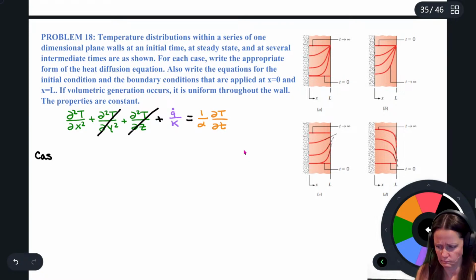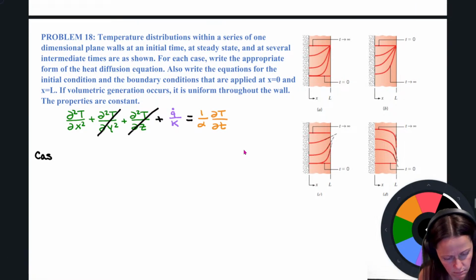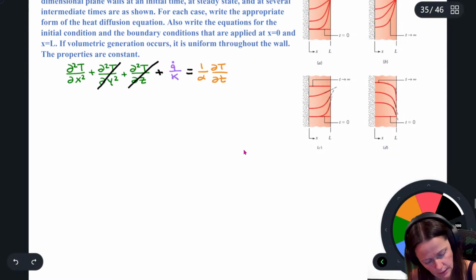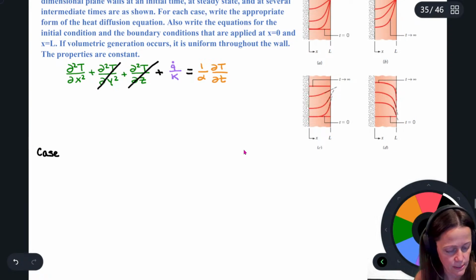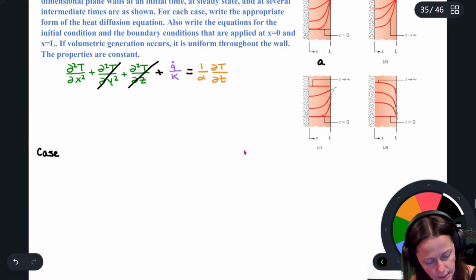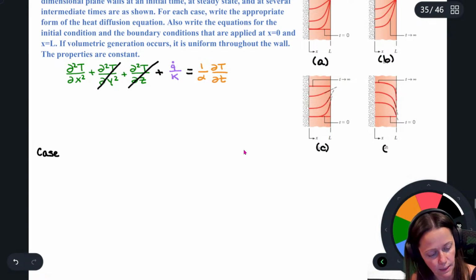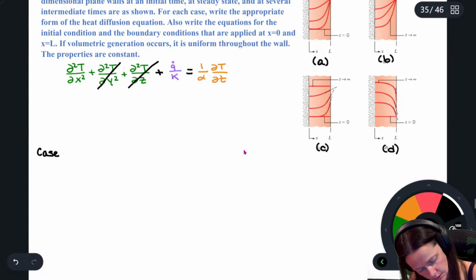And I'm going to move it down a little bit. It's probably hard to see, but this is case A, case B above it, case C, and case D. All right. So I'm going to have a column for case A.